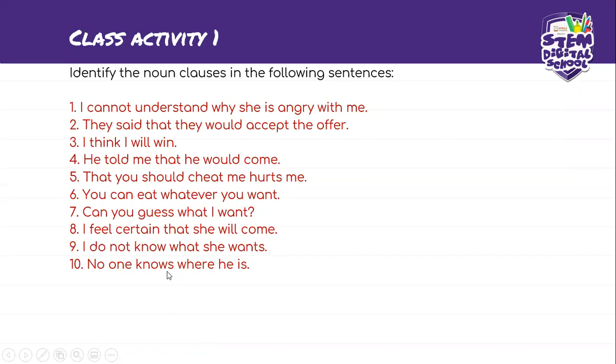The question says, identify the noun clauses in the following sentences. Number one, I cannot understand why she is angry with me. So which one there is our noun clause?